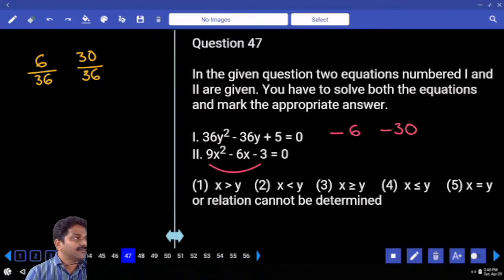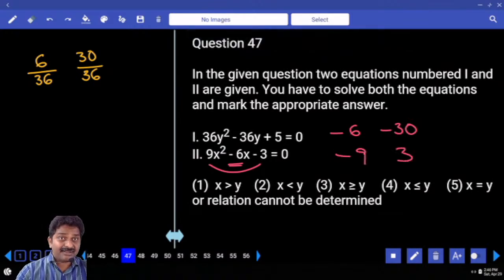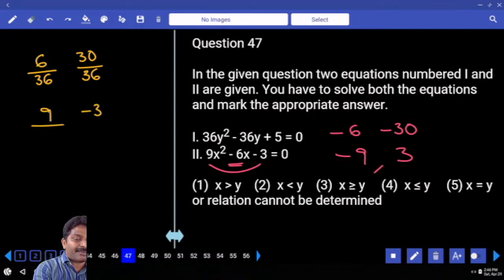9 threes is 27. It's a negative number, right? And the sum must be minus 6 only. So our combination is minus 9 and positive 3. Yes. Factors are plus 9 minus 3, divided by 9.